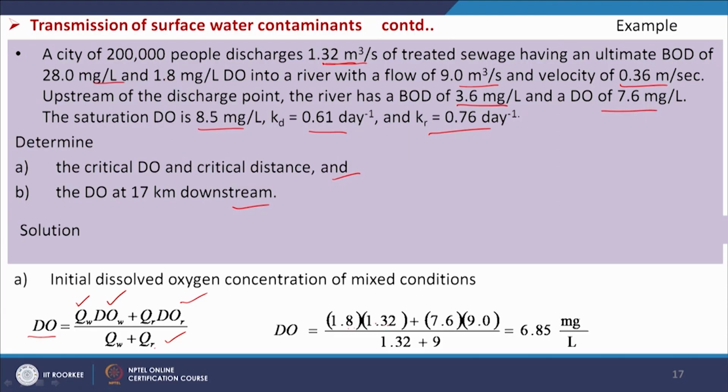Here we have 7.6, that is the DO of the river, and the flow rate is 9 meter cube per second. So this is 9 into 7.6 divided by 1.32 plus 9. If we put this in the formula, then DO equals 6.85. So, this is DO after mixing.